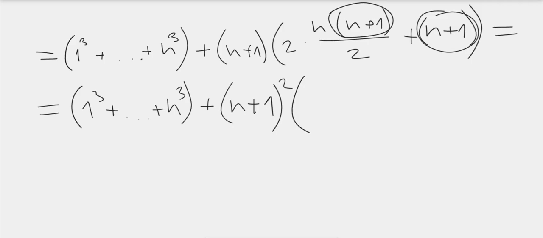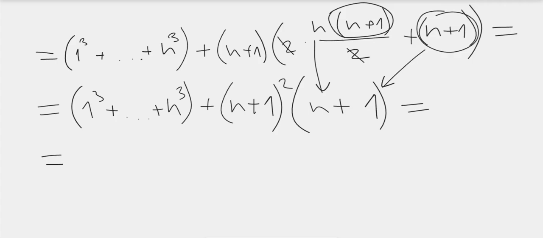Here you see that 2 cancels with 2. What remains is basically n, plus 1 from here. So this is n plus 1 squared multiplied by n plus 1. It's n plus 1 cubed.